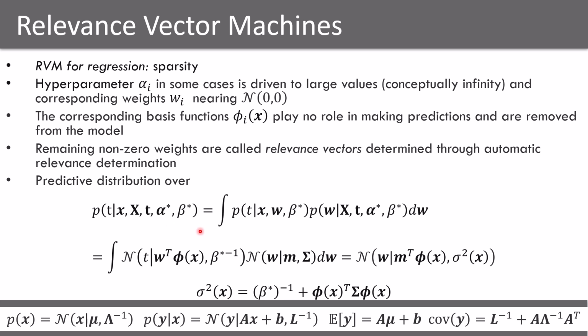And that is equal, as we already know, to the product of the conditional probability of the new t given the new vector x and any weights, which are weighted by the posterior probability distribution of the weights.